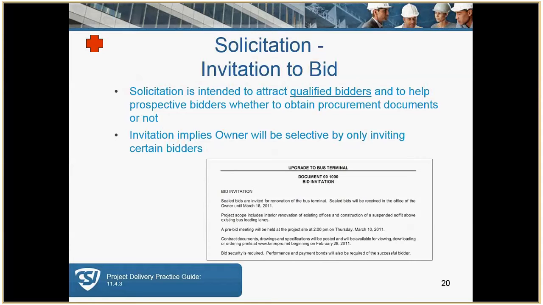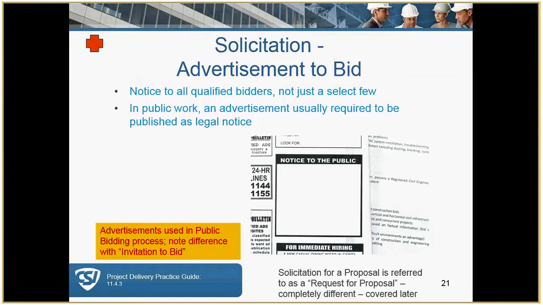There are two means of soliciting for bids, and an invitation for bids usually means that only certain contractors will be invited. If it's going out to public bid, we refer to that as an advertisement for bid. An advertisement for bid is a notice to the general public and is in the form of a legal notice on publicly funded projects, basically anything that's taxpayer funded. Note the difference.